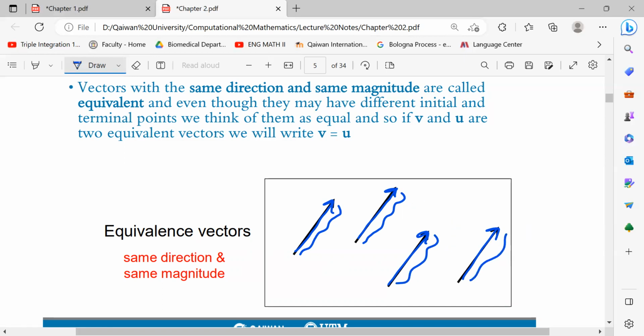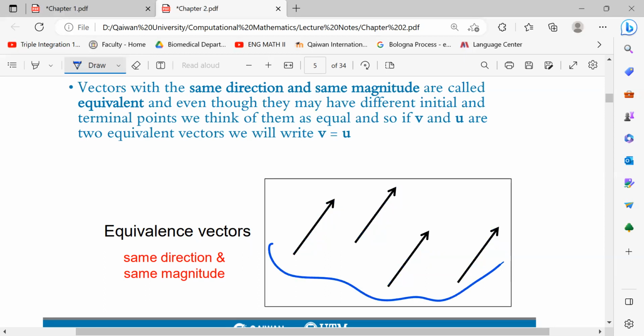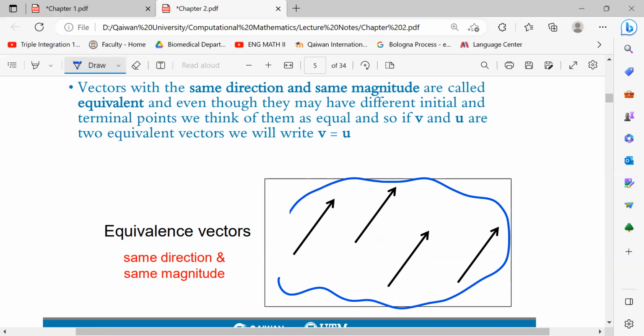So these vectors are equal. If two vectors are equal, we say those two vectors are equivalent. So here we have equivalent vectors. These four vectors are equal. We say these are equivalent vectors, with the same magnitude and the same direction.